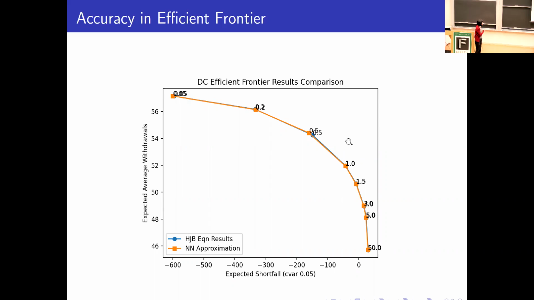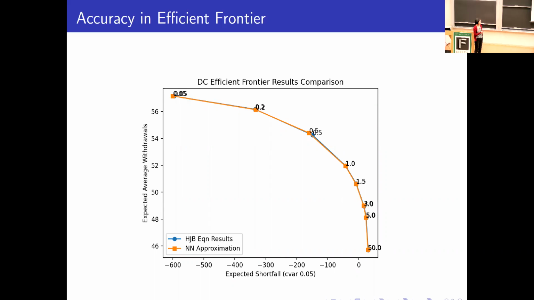So the blue dots are from solving the HJB equation with a numerical approach, and the neural network approximation is the orange dot. You can see that in this case the efficient frontier is being reproduced fairly accurately, right?